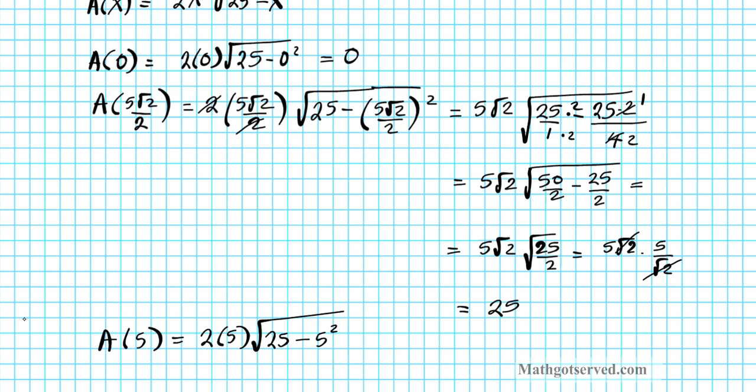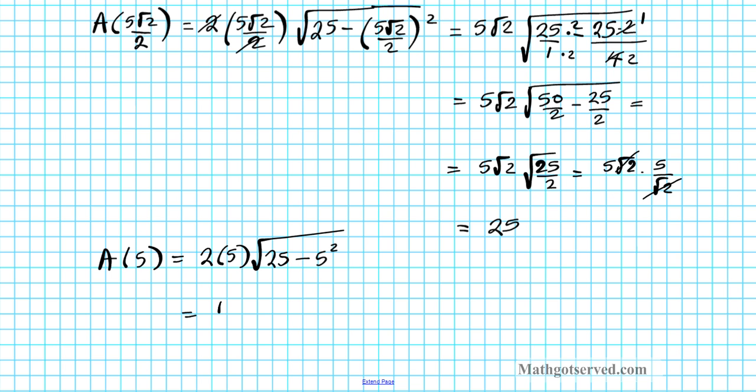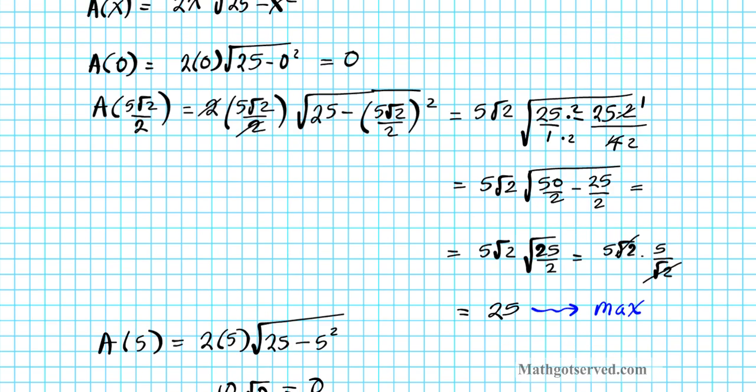Okay, so this is going to be 10 times, 5 squared is 25, so the square root of 0. So this is just going to be 0 area also. Okay, so we can clearly see that this right here is our maximum. These are going to be local minimums. This one and that one over there.